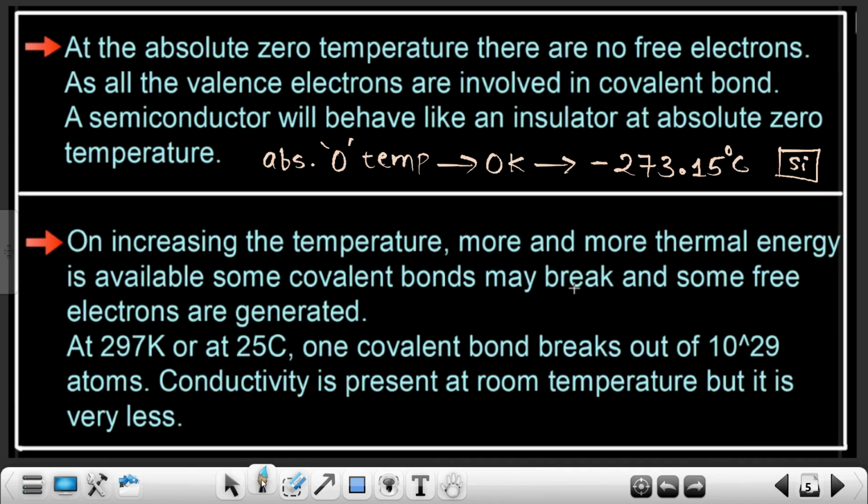Okay, so let me just write over here. There won't be any change in the Si crystal. Okay, so at absolute zero temperature, all the valence electrons are involved in the covalent bond. Valence means what? The outer electrons, as we had already seen.